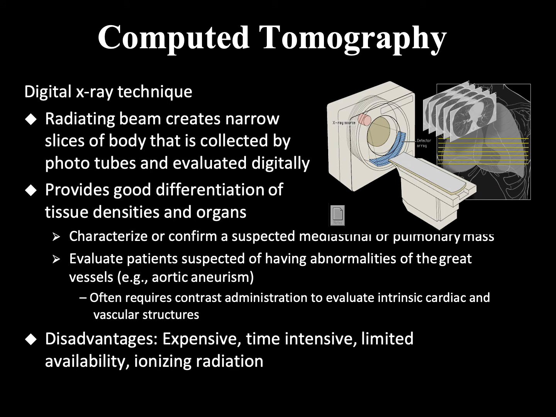Another thing you can do is use a CT scan, or computed tomography. Being a digital x-ray technique, it does require a lot of radiation to the patient, but it does provide good differentiation of tissue densities and organs. So if you really need to look at specific organs, this is a good imaging modality to use.